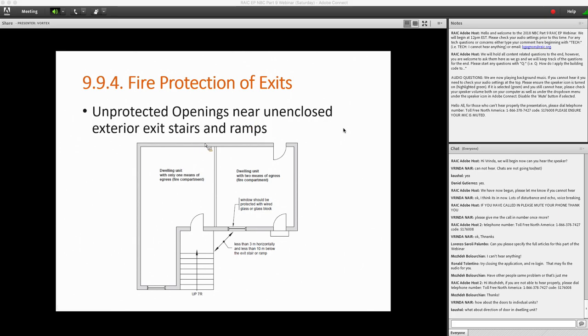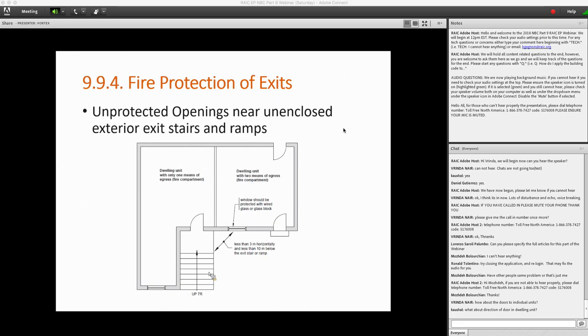We will first start off by looking at the unprotected openings near unenclosed exterior exit stairs and ramps. When you have an unenclosed exterior exit stair or ramp that is providing the only means of egress from a suite, and, as you can see in the sketch, that exterior exit stair may be exposed to fire from other areas in the building as a result of an opening, you are required to protect that opening if it is located within 3 meters horizontally of the exterior exit stair, and also less than 10 meters below the exit stair or ramp.